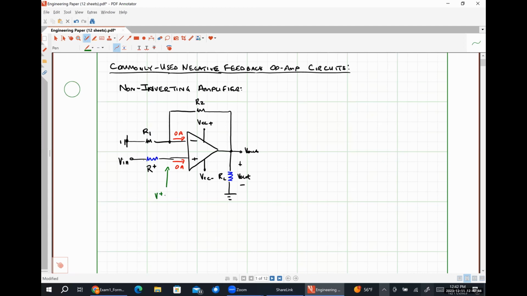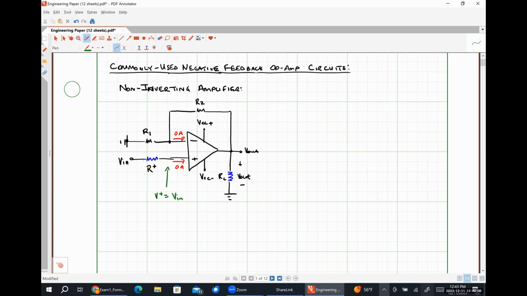So that's this voltage V plus. And by inspection, it will be Vn. Since no current flows through that resistor designated as R superscript plus, there is no voltage drop across it. And so all of the input voltage gets applied directly to the non-inverting input pin of the op-amp.